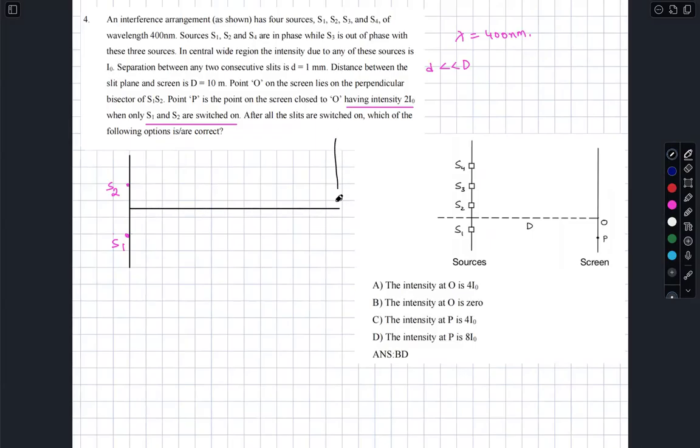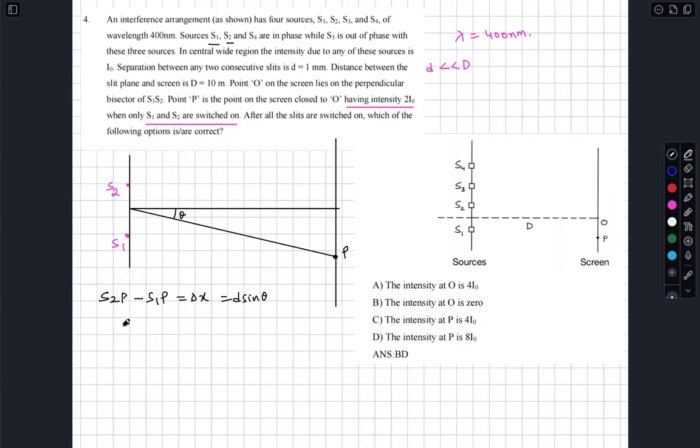Here is your screen. Here is some point P. I am assuming that this has some theta. S1, S2 are in phase. What you want is S2P minus S1P. This is some path difference delta x. You can call it d sin theta also, no issues.